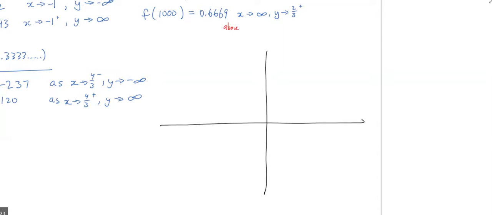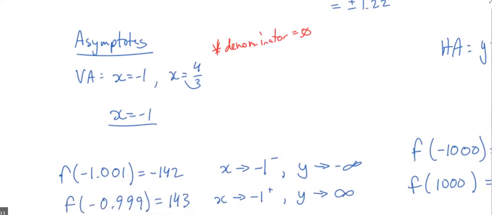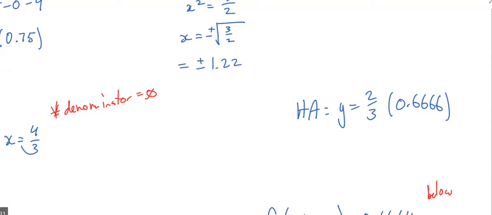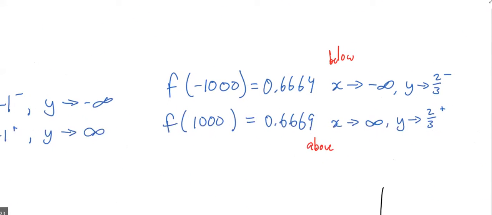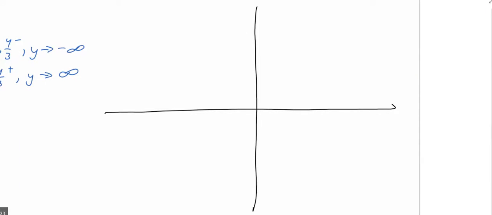So I'm just going to do a cross, centered in the middle. 4 over 3 is just a bit more than 1, and I have negative 1. My intercepts are both just a bit more than 1 and negative 1, and my y-intercept is just a bit less than 1. So everything's centered around 1, so my scale is going to be like, 1 will be there, I guess.